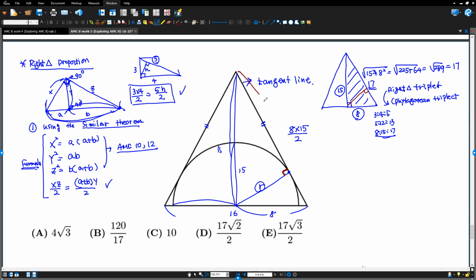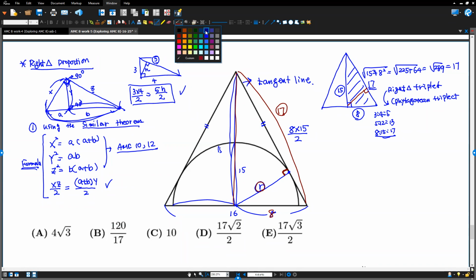So if this is 17, the area of this triangle is 8 times 15 divided by 2. Also, in a different way, this is the base, this is the height. Base times height is also the area of this triangle.